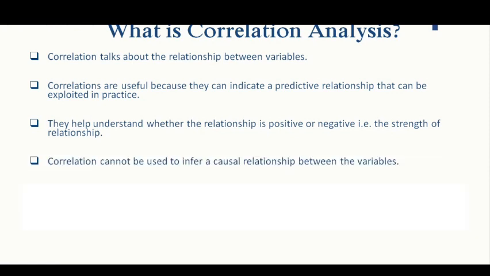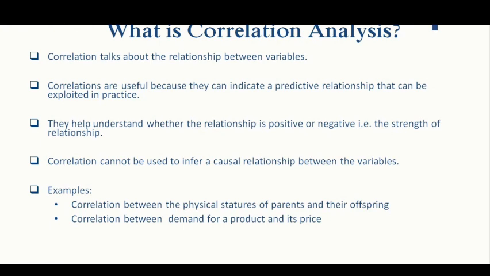As I mentioned, although they can be used to indicate the predictive relationship, there need not be necessarily always a causal relationship between the two variables. Some of the examples of two variables where they are associated with each other are as follows: physical stature of parents and their offsprings, demand of a product and the price of that product.